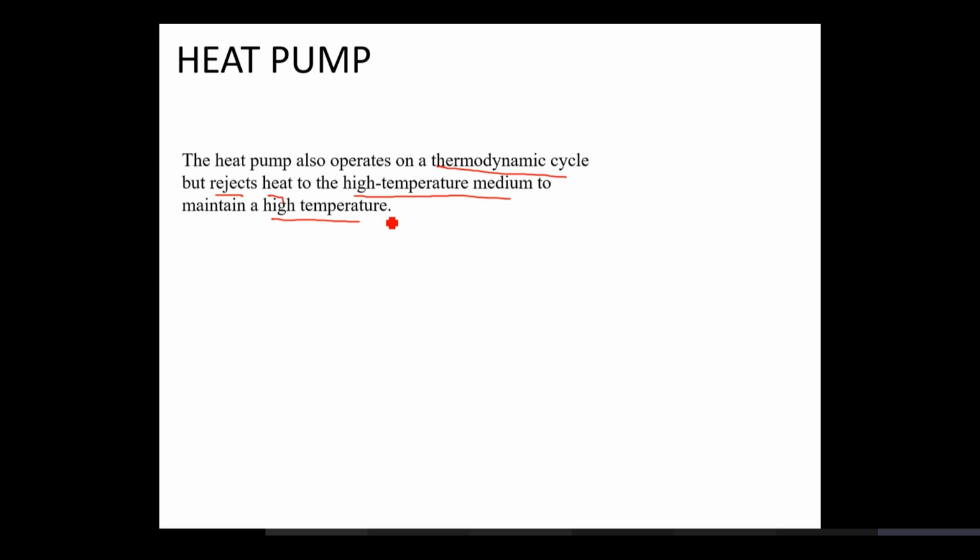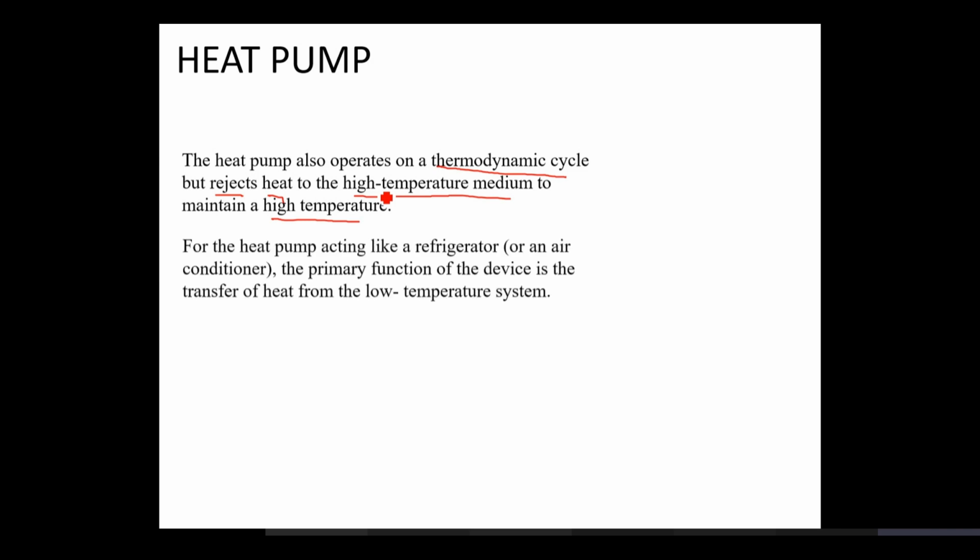So if I place the split AC inverted, in the sense that the front panel is outside and the back panel is inside the room, your AC would essentially be taking the heat from the outside space and throwing the heat to the inner side of the room. So it would be acting as a heater. So the heat pump, which acts like a refrigerator or an air conditioner, has the primary function of transferring heat from low temperature to high temperature.